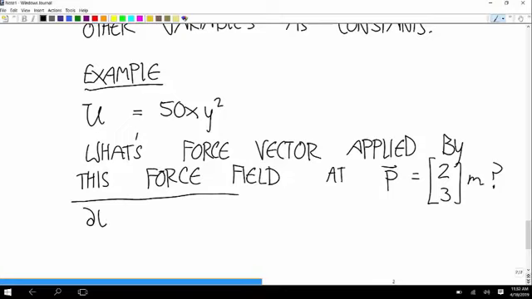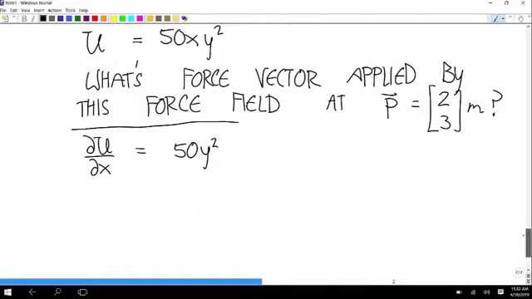Well, the partial derivative of U with respect to x, we're just going to treat that y like it's a constant. And so this is just going to be equal to 50y squared. Okay, you with me on that?